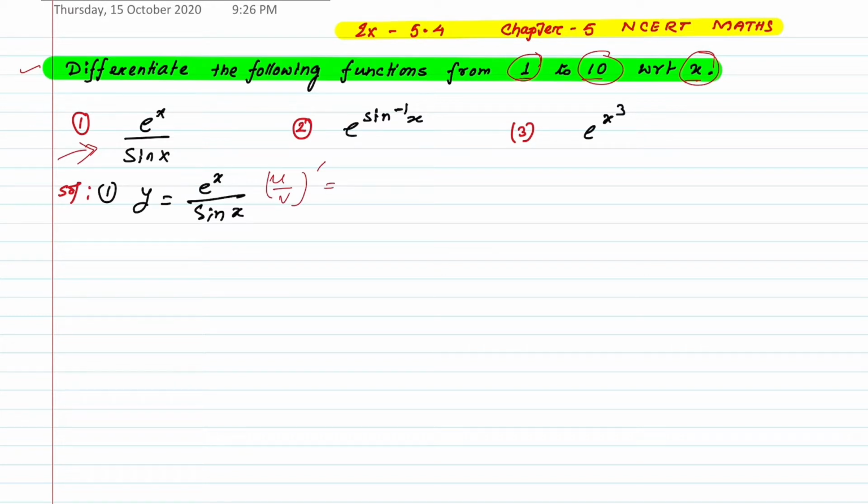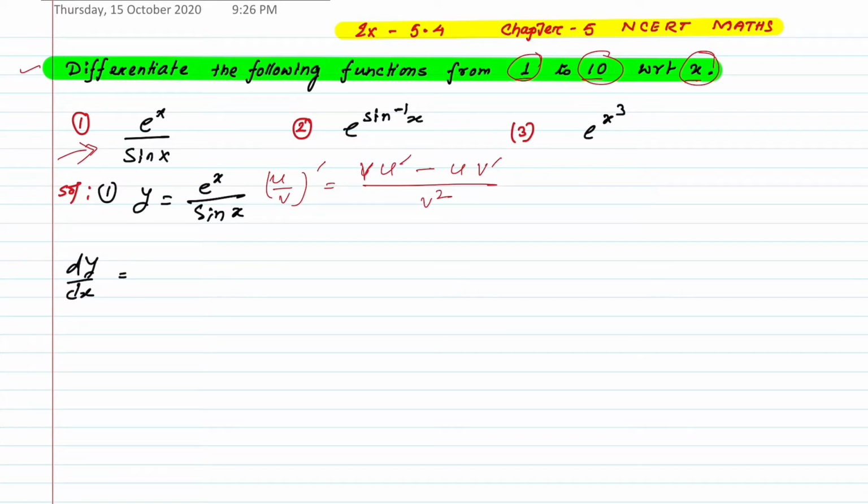Its derivative is given by the denominator v, derivative of the numerator, minus numerator, derivative of denominator, by denominator square, that is v square here. So consider e to the power x as u and sin x as v. Then, according to this rule, we will get y dash, that means dy by dx.